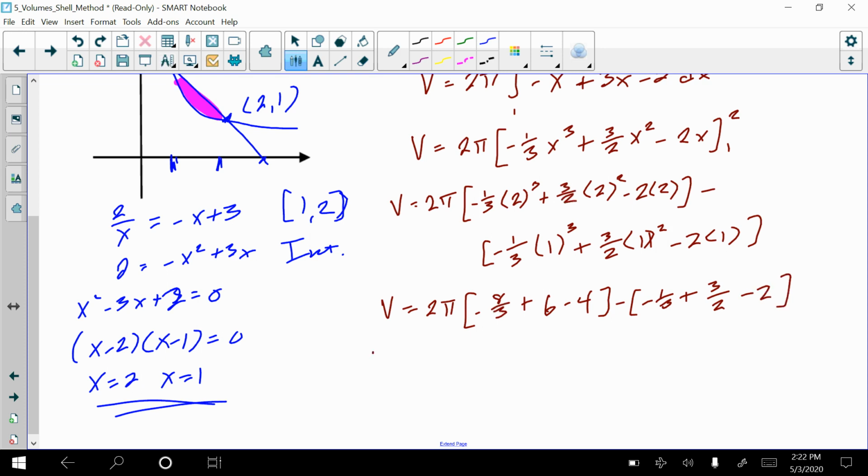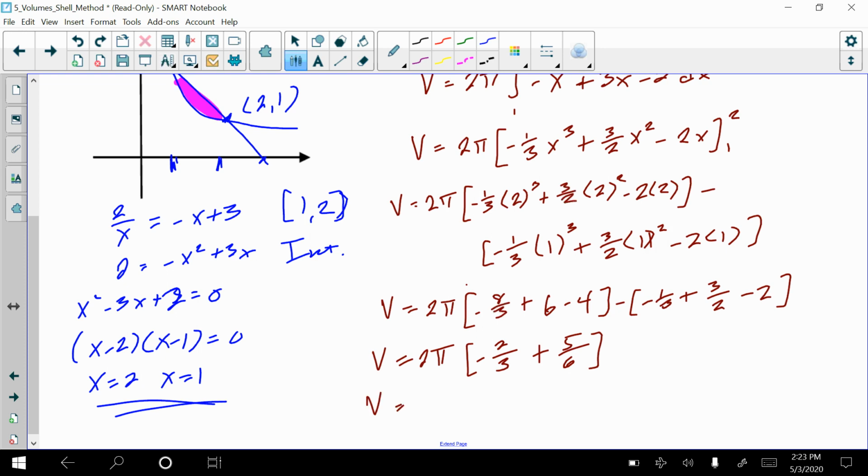We will want to get a common denominator for each individual piece, but I'm not going to do that work here. The negative 8/3 plus 6 minus 4 simplifies to negative 2/3. And the other bracket, negative 1/3 plus 3/2 minus 2, will work out to be negative 5/6. So I'm going to say plus 5/6.